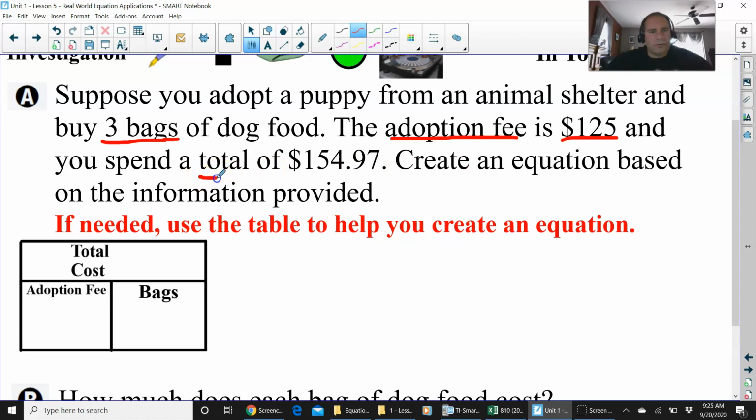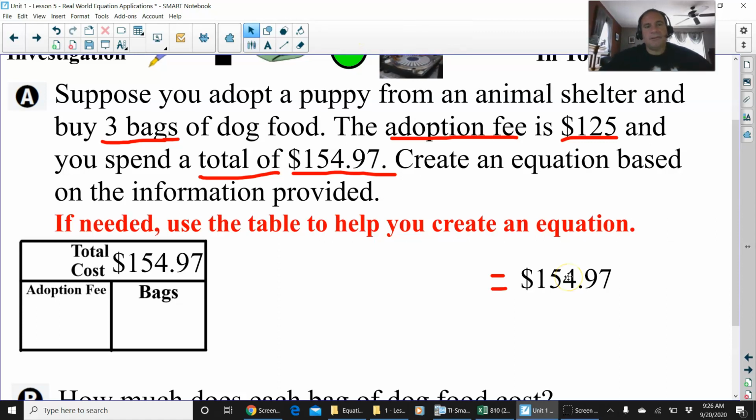The total, I know that the total goes after the equal sign. It says create an equation. It has to have an equal sign. So I'm just going to put an equal sign right here. I wanted to get that out of the way. And I know for a fact that if you spend a total of $154.97, that is going to be something that is after the equal sign.